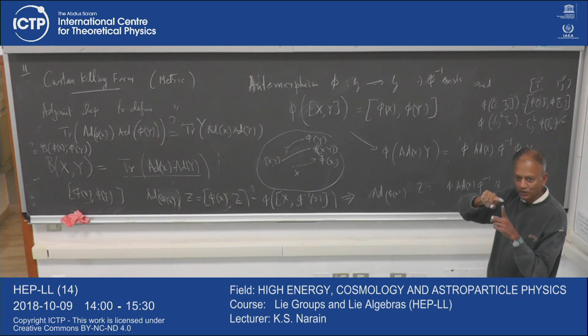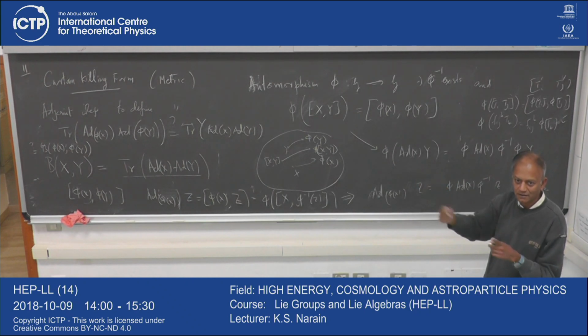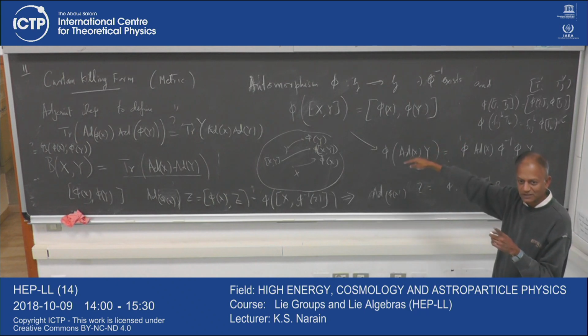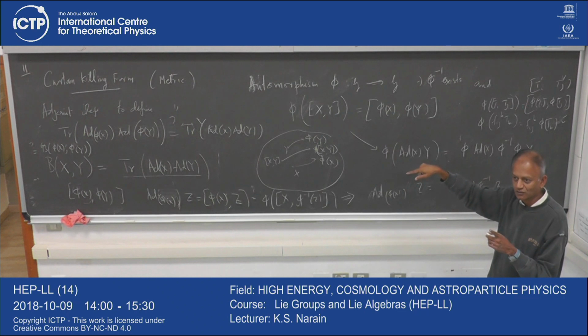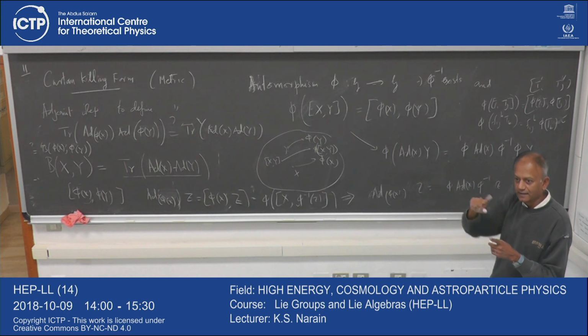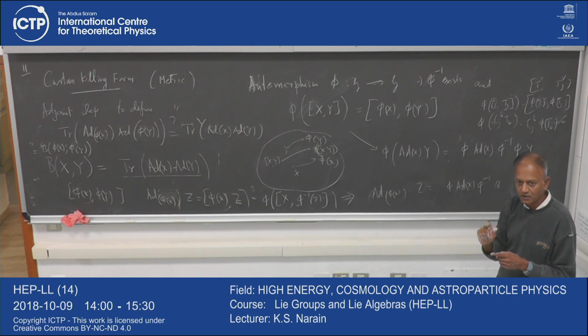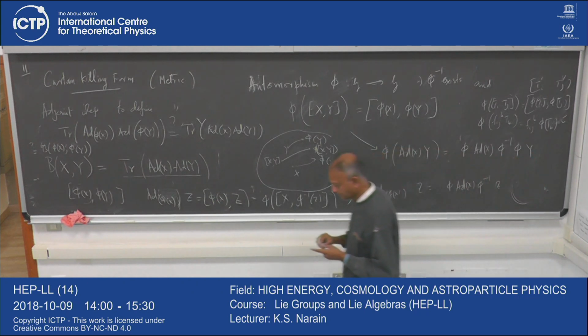If some non-zero element is mapped to 0, the inverse of 0 doesn't make sense, right? There's a whole line mapped to 0, because any number times that original object is also mapped to 0. So the existence of the inverse is very important.